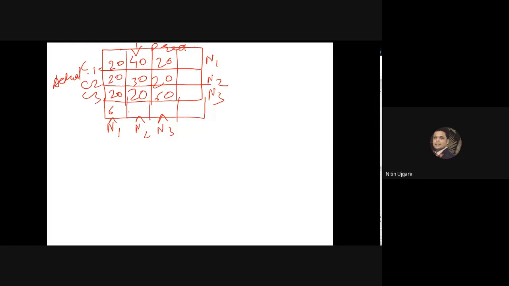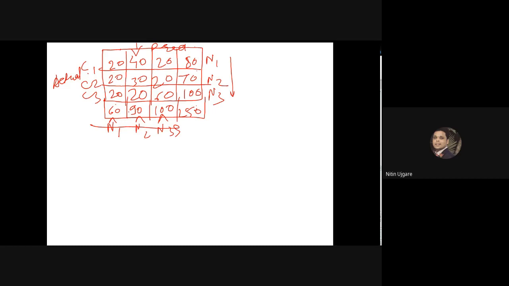N1 cap will be 60, then 90 and 100. N1, N2 and N3 will be 80, 70 and 100 again. The sum of this or this comes to 250.